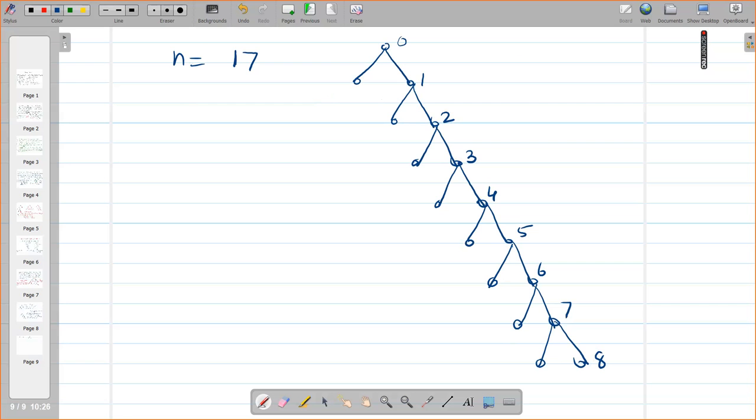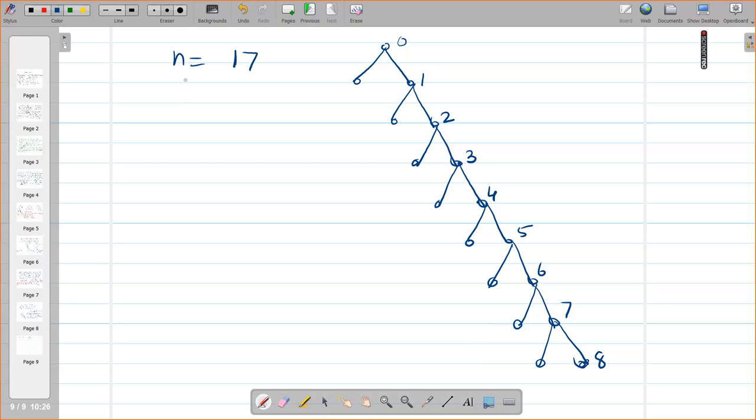Yes, ma'am. So you will put only 2 vertices when you want to draw the tree with maximum height. And then you can count the height. What is the height here? 8. Right? The maximum level is 8 here.